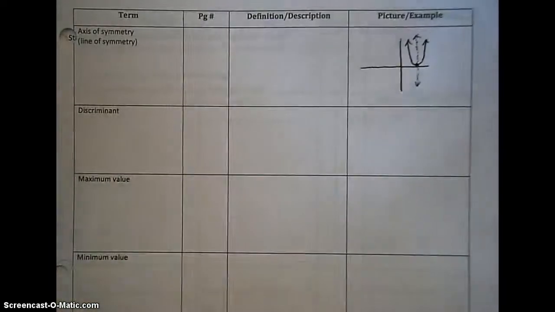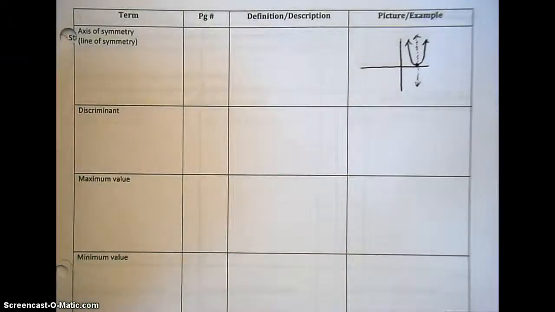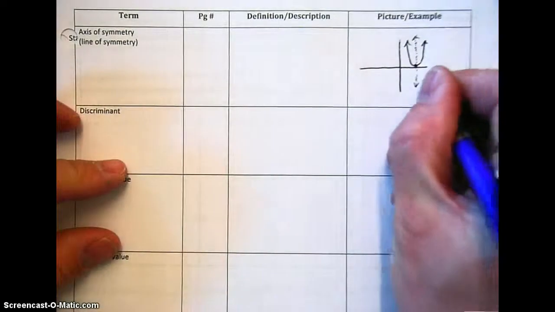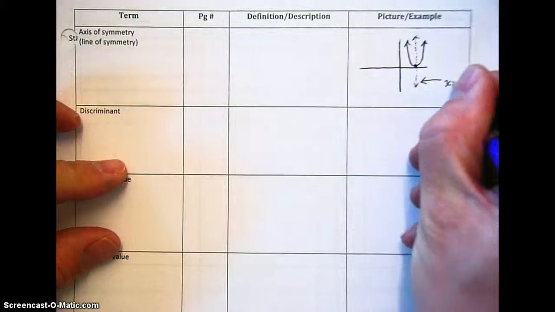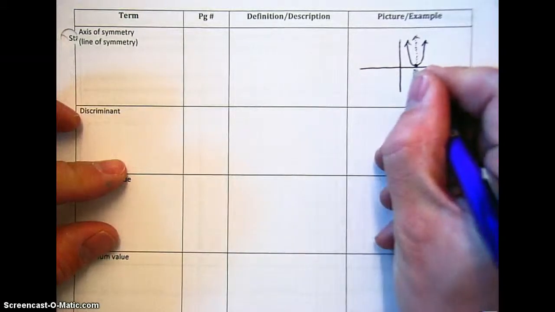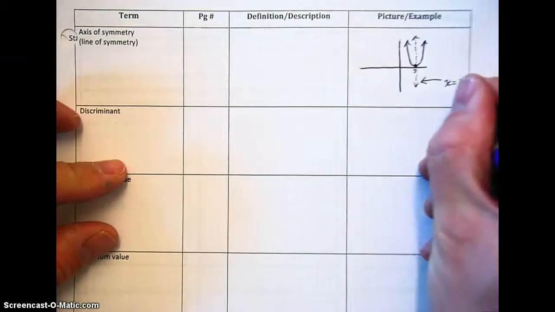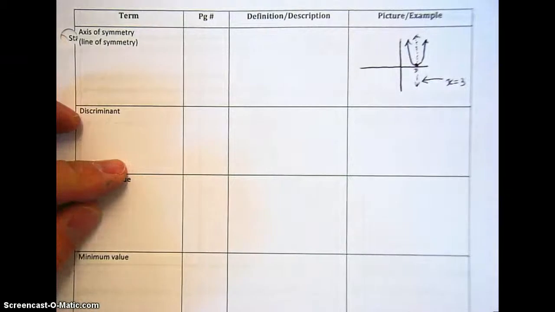So maybe you add on there in your picture, you say this line we call x equals something. So if this line was at 3, it'd be x equals 3. That's the equation for the axis of symmetry.